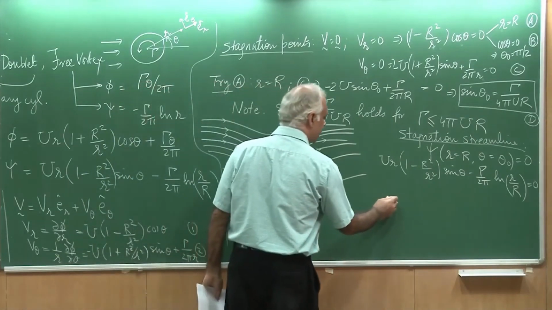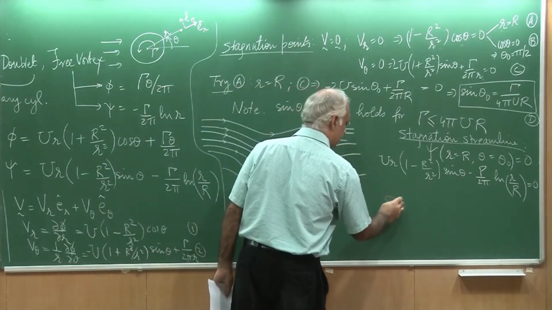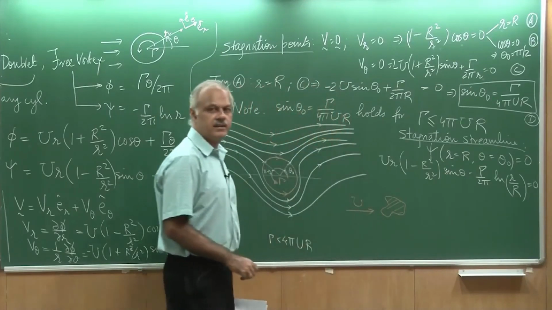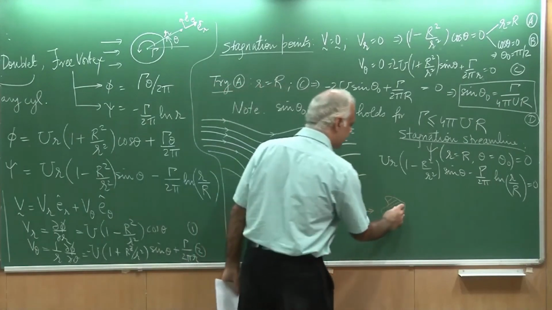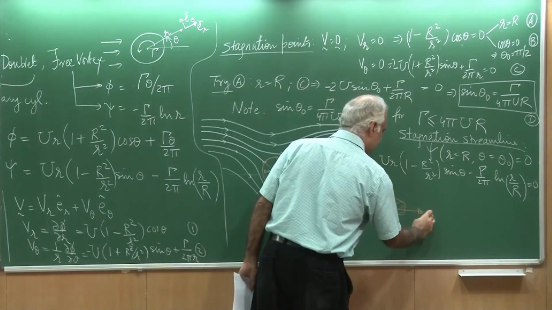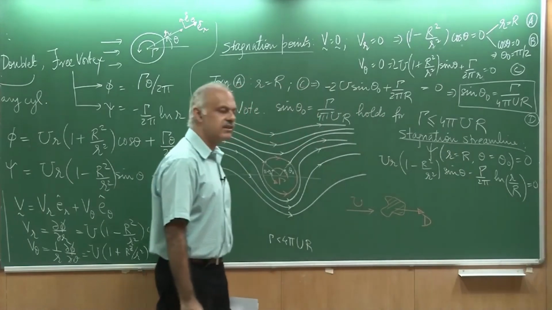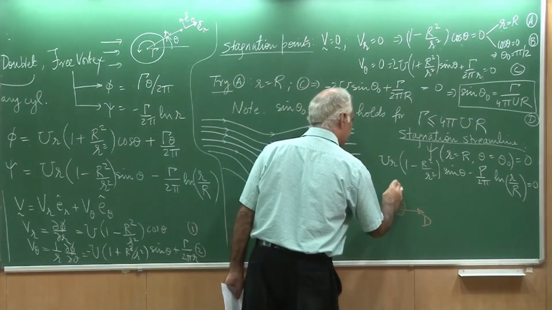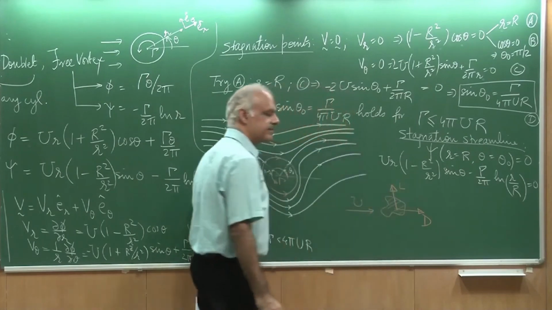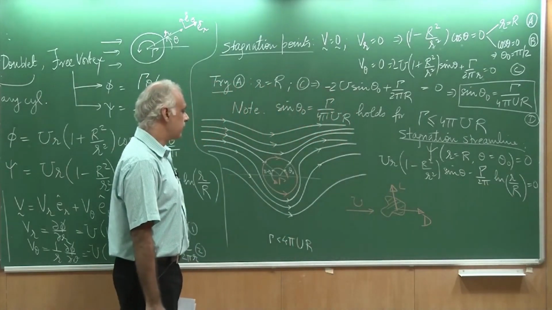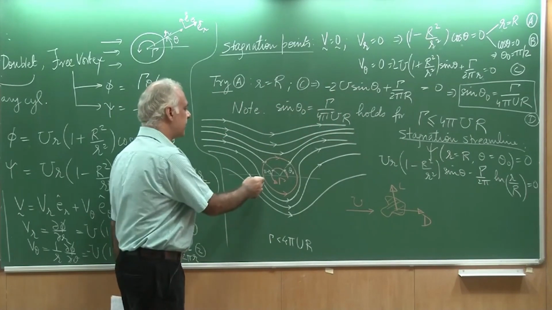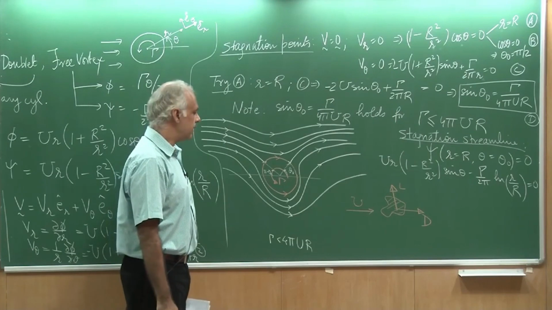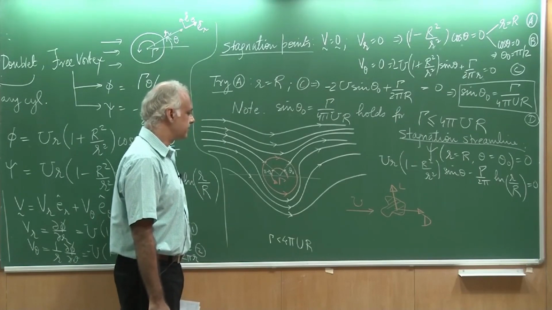Typically, if I have any object and I place it in a flow, then the force in the direction of the free stream is called the drag, and normal to it is called lift. So we will shortly see, and we will work out the pressure, that for this flow the drag is still 0, but it would generate a lift.